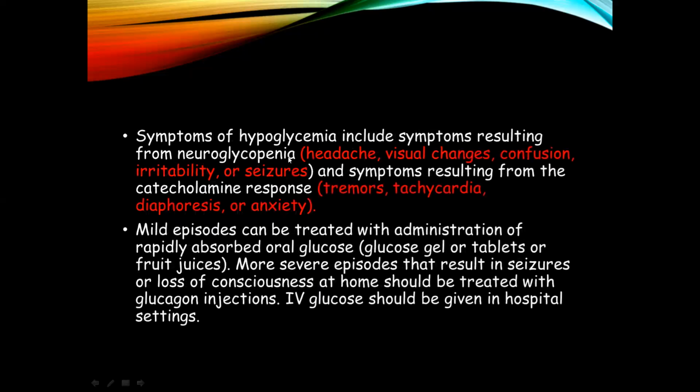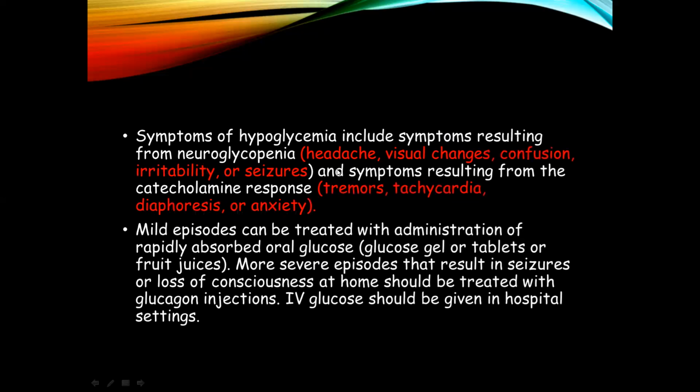So what are the symptoms of hypoglycemia? These include the symptoms that arise due to neuroglycopenia, which is basically our central nervous system or the brain having a low level of glucose. So this presents with headache, visual changes, confusion, irritability, or seizures.